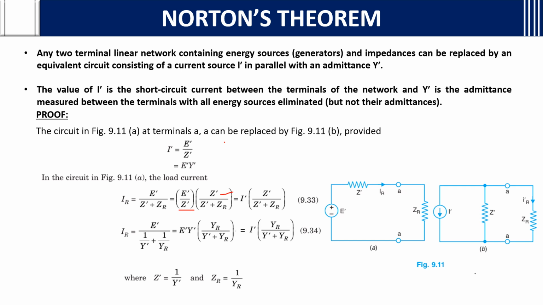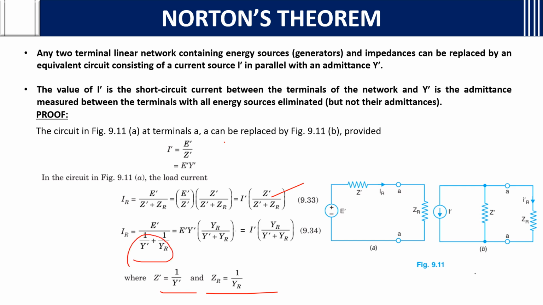Then E dash by Z dash gives I dash, so we get I dash into Z dash by Z dash plus ZR. We want it in terms of I, so it should be divided by Z dash, and to eliminate this Z dash you need to multiply again by Z dash. After that IR is equal to, if you consider Z dash is nothing but 1 by Y dash, as we know, and ZR is 1 by YR.